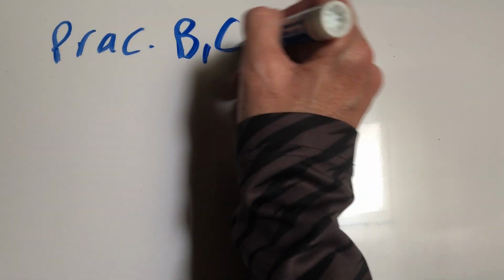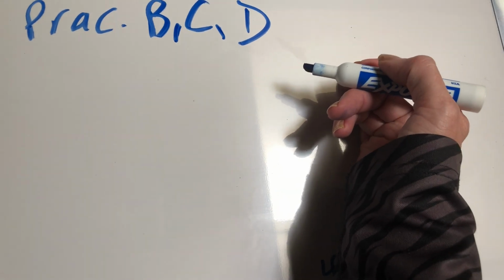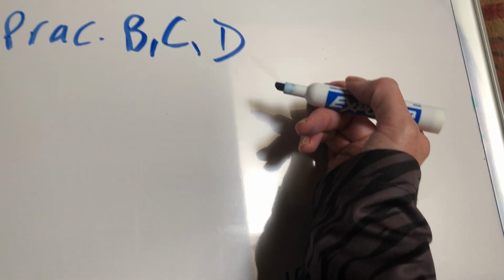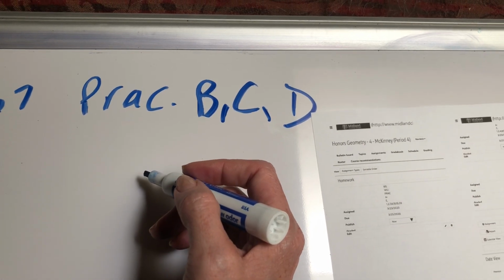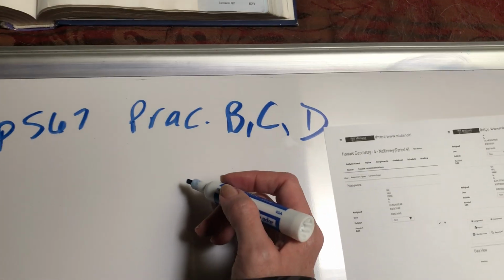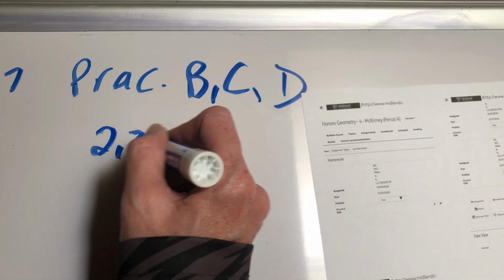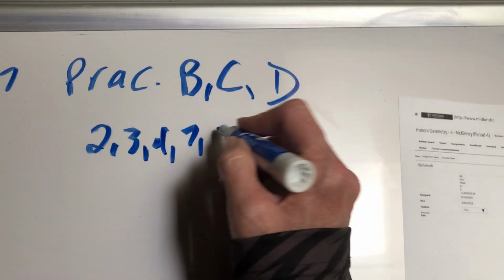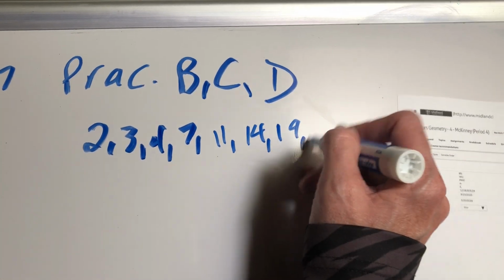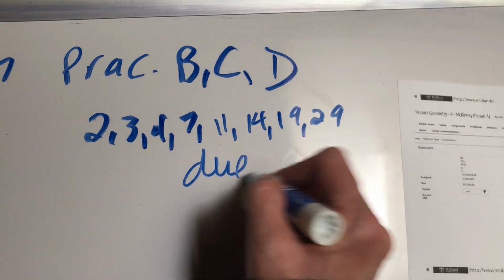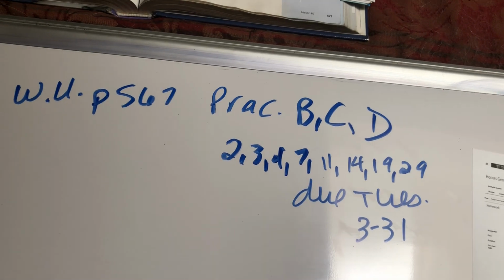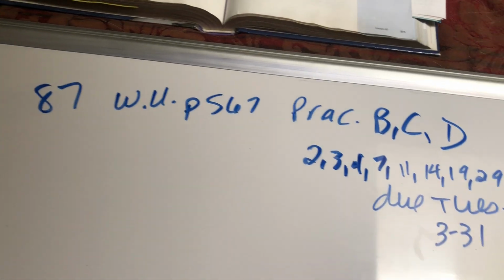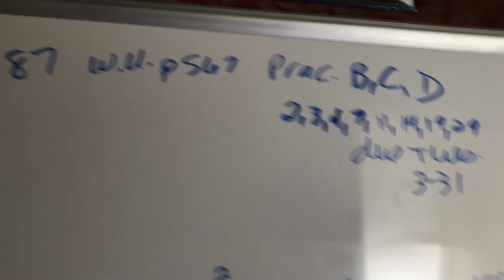You're going to do B, C, and D. Then, out of the lesson, you're going to do 2, 3, 4, 7, 11, 14, 19, and 29. And this is due Tuesday the 31st. That's when this is due, Tuesday the 31st. So that's your lesson.